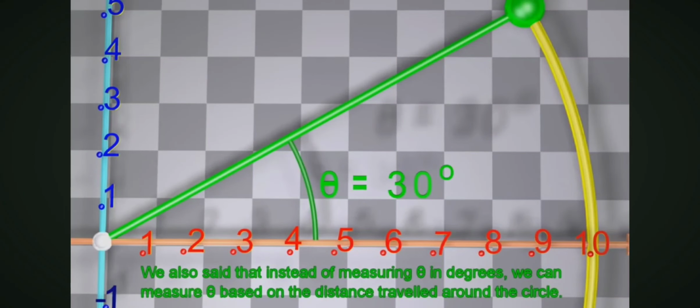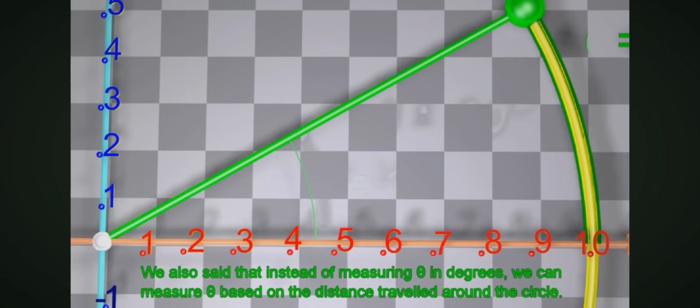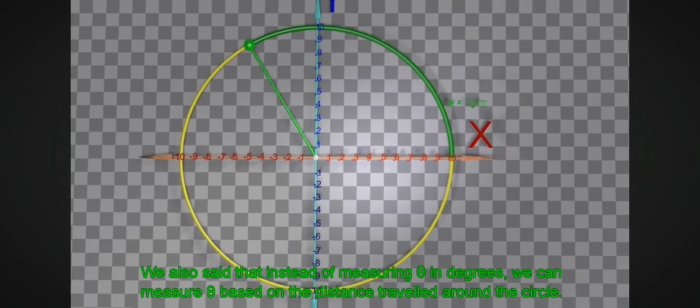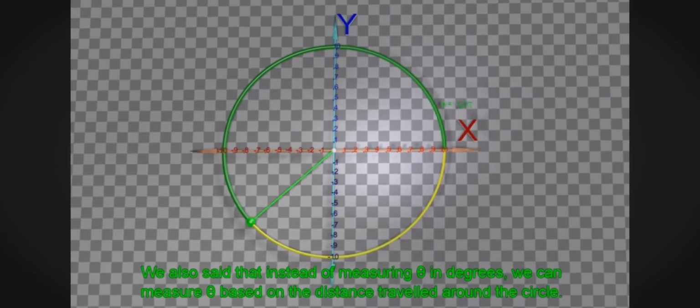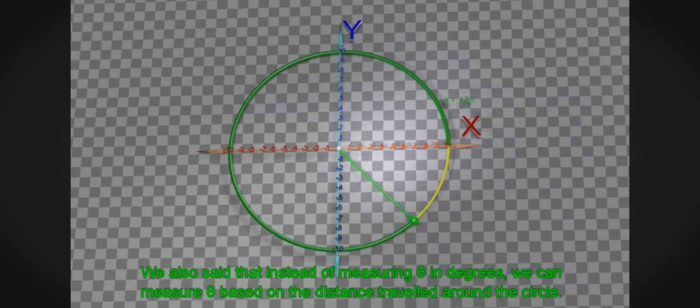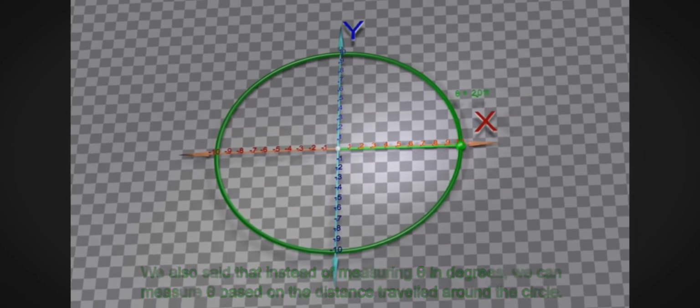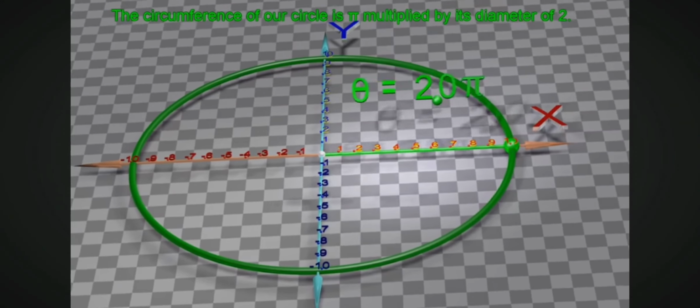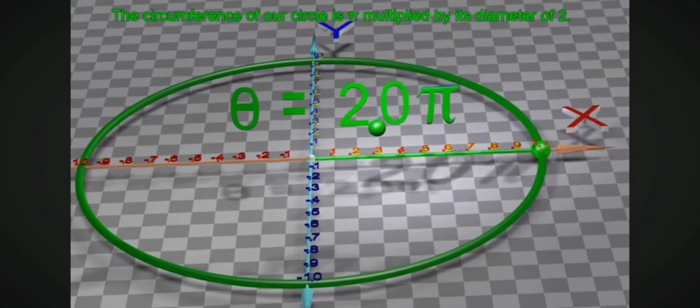We also said that instead of measuring theta in degrees, we can measure theta based on the distance traveled around the circle. The circumference of our circle is pi multiplied by its diameter of 2.